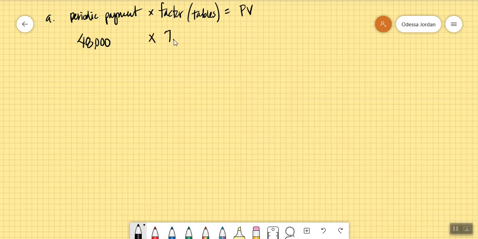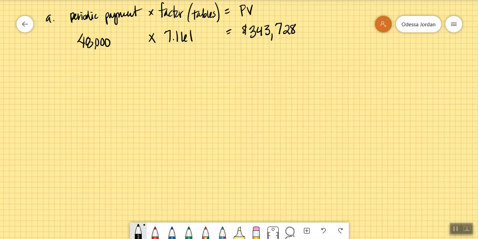And the factor from the table is 7.161. And so that ends up being the present value of that is 343,728. So in other words, if we were to consider all of the payments that we would have to pay every month for the next 12 years, today, if I were to collect all that together, that would be $343,728.